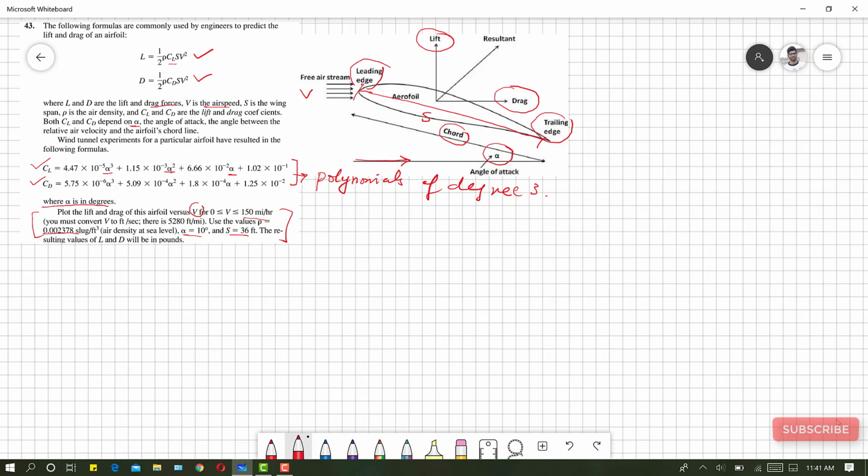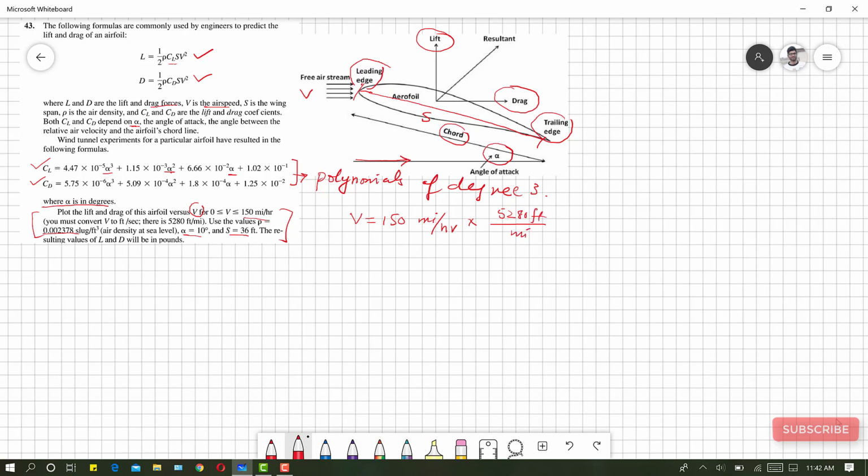So then we need to convert this velocity into feet per hour. So how to convert this? So velocity 150 miles per hour will be equal to, so it is given that 5280 feet per mile.